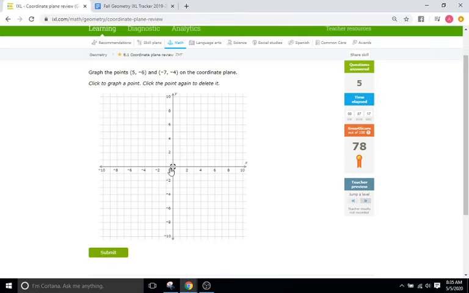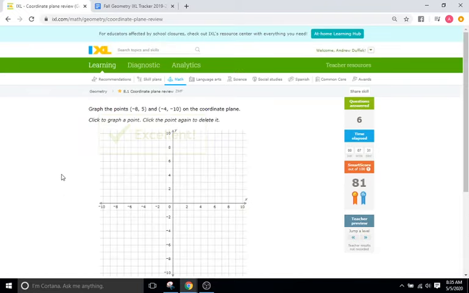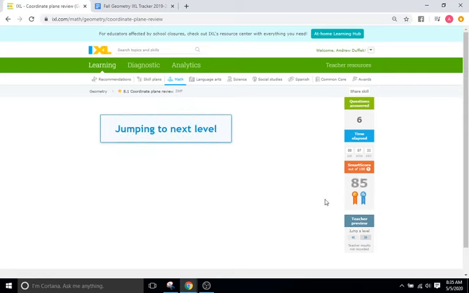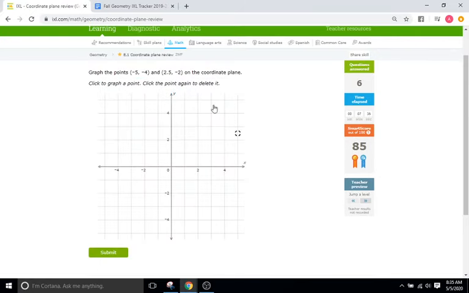So we'll go to 5, and then -6, and then -7 and -4. So these are just the same problems, except now they're asking you to do 2. Not a big deal. Same deal. Let's jump another level. Same thing, except now they're asking you to do points with decimals.